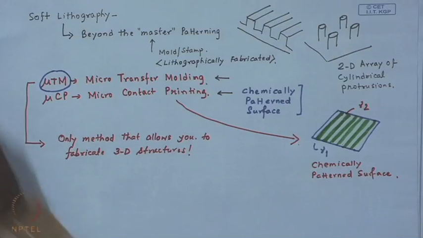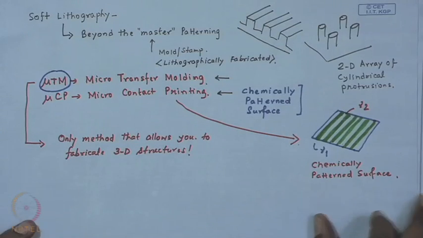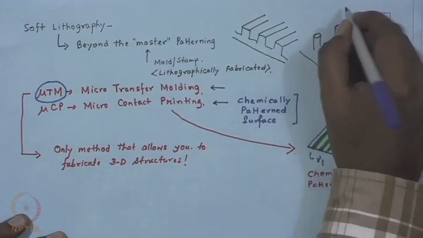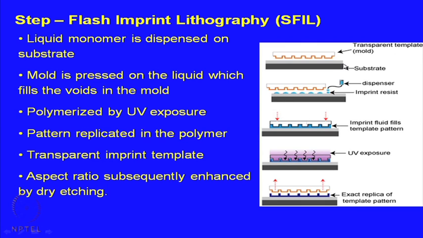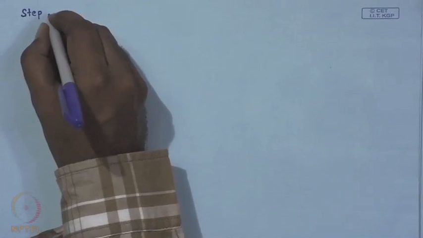So, the first method we talk about goes by the name step and flash imprint lithography, or SFIL. It is a combination of imprinting and molding, I would say.